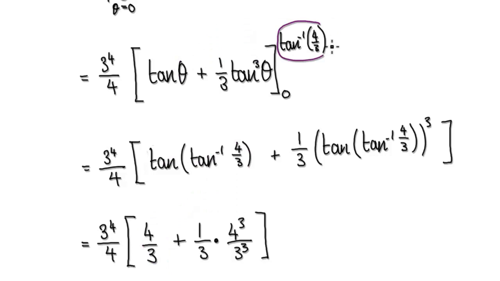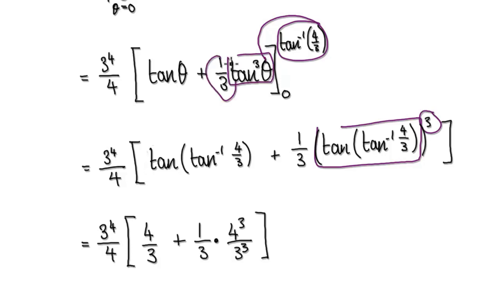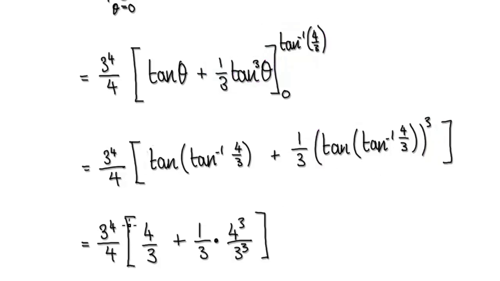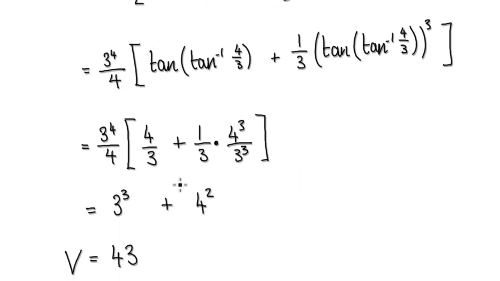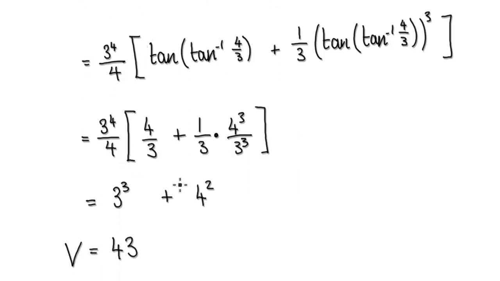When you put this into here, it will be this thing here cubed. Remember, you've got to cube it first, and then times by a third, and then times by a third. So that will take you to here. Now if you tidy this whole thing up, it will give you a volume of 43. So the answer is 43.